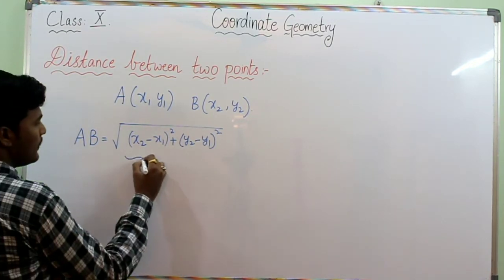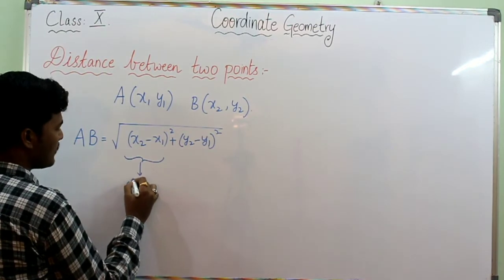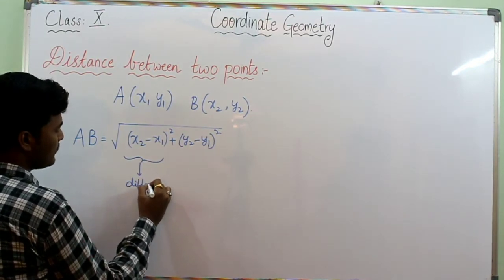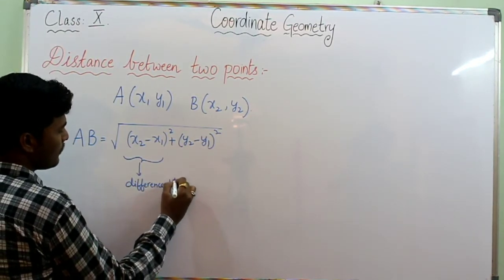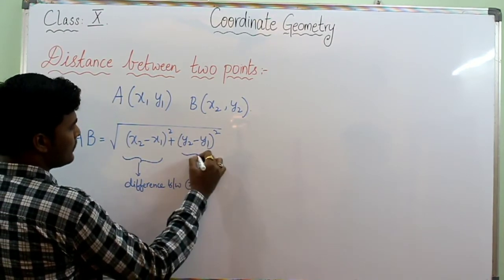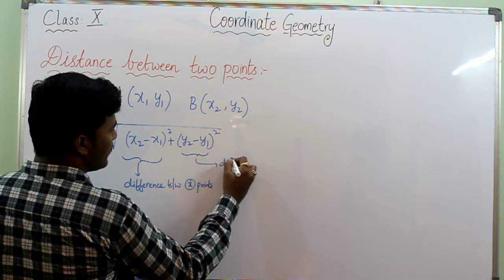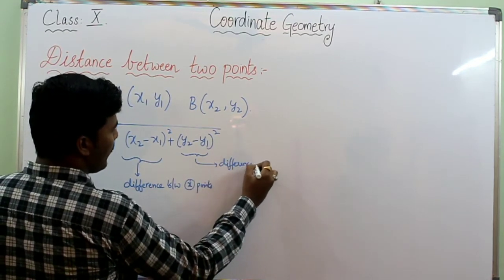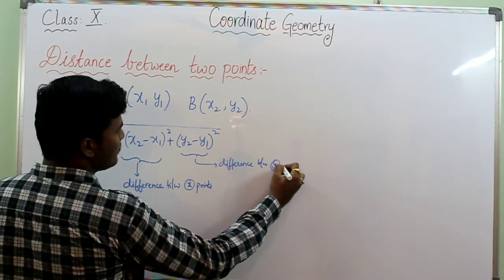So here this x2 minus x1 is nothing but the difference between the x points, and this is nothing but the difference between y points.